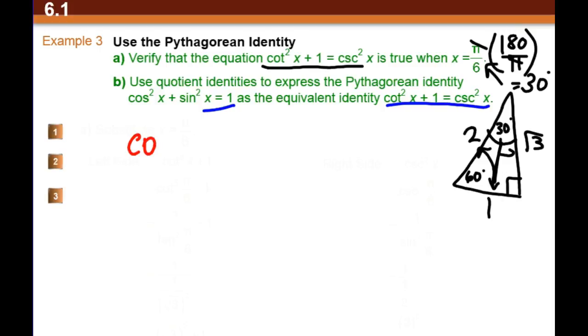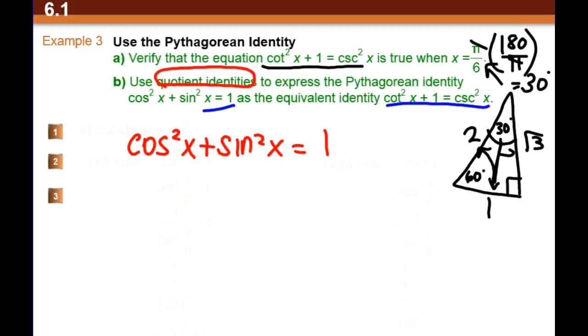We have cos squared x plus sine squared x is equal to 1. It says we have to use the quotient identities. The quotient identities were the first ones that we had, but they're using the reciprocal ones.